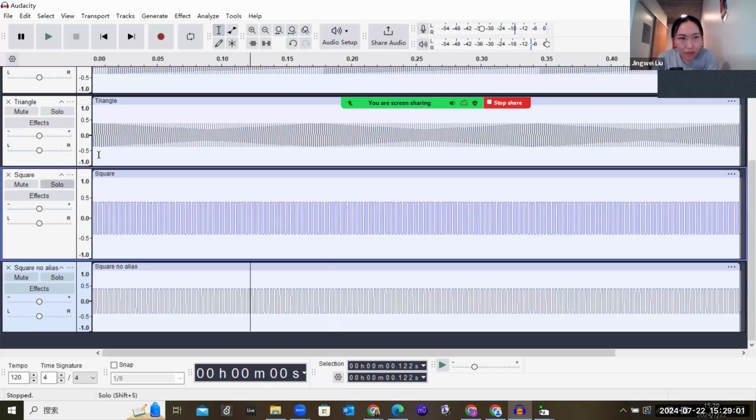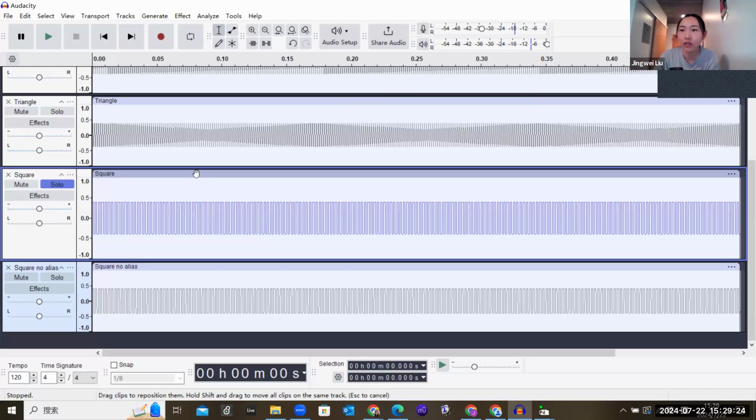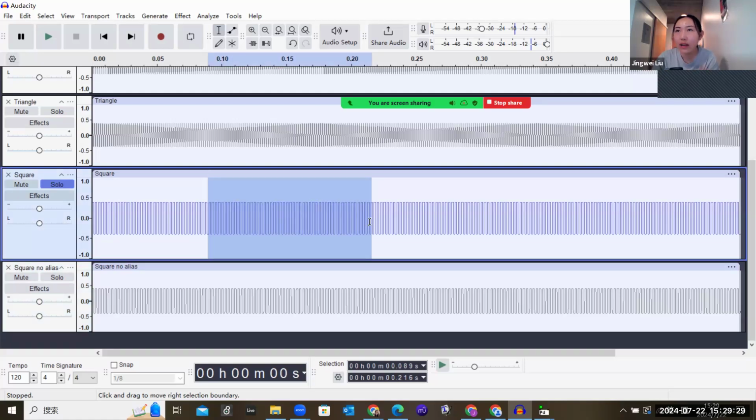Okay, maybe let me try this again. Let me play this again. So this is kind of dissonant, because if you think about a square wave or any harmonic wave, it should be periodic, right? All the frequencies here are upper harmonics of each other, therefore it should be consonant, if you use this musical term, because there's no tritone, no harmonics that are conflicting with each other.